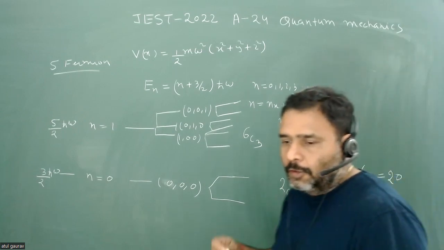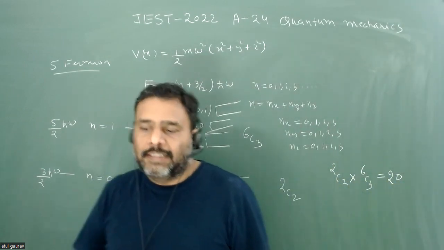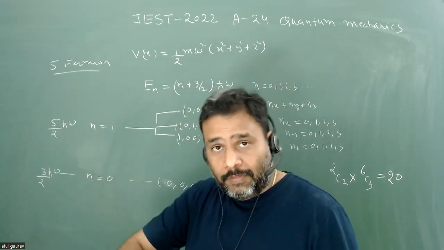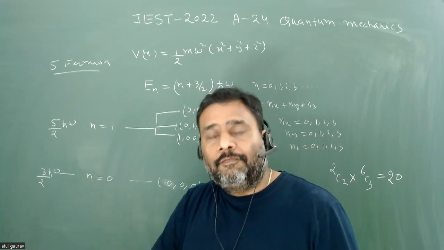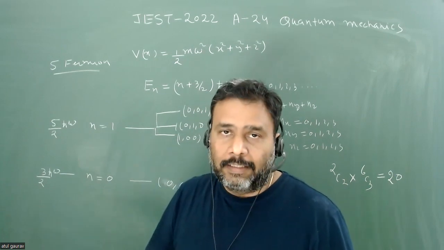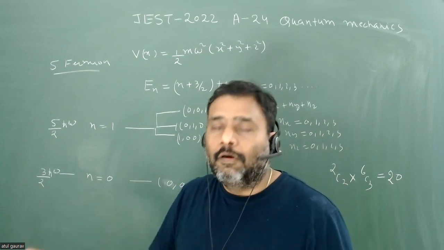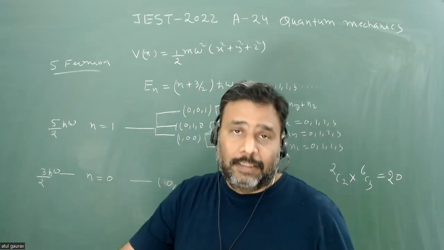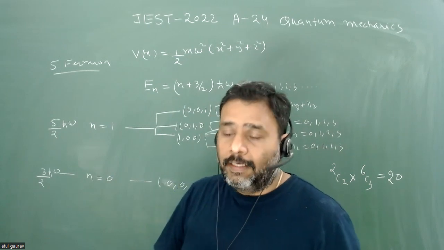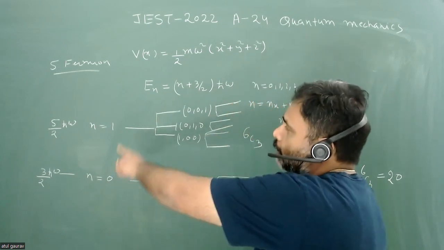So there are 20 different ways in which we can accommodate the particles. That means we can write 20 different energy eigenstates with different quantum numbers, for the ground state energy.